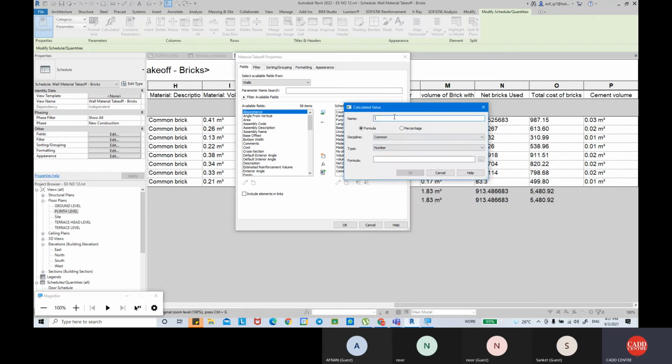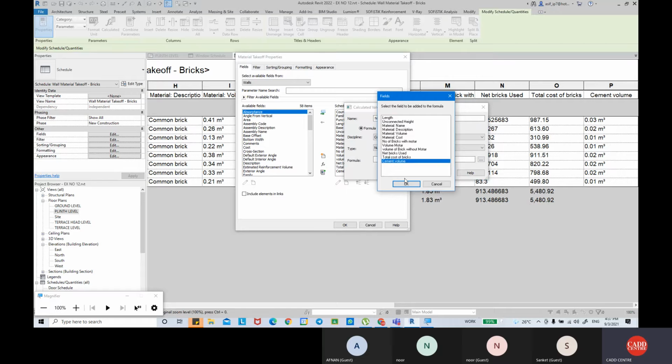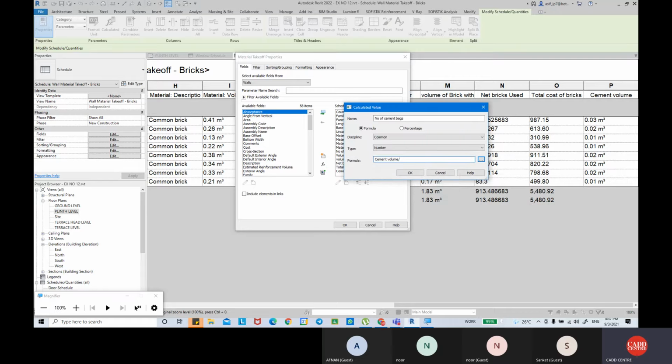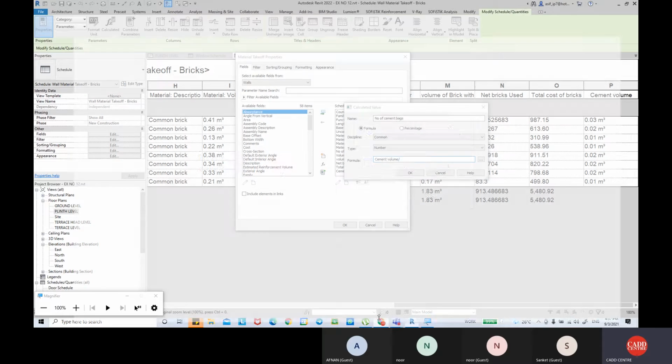So I'll take numbers. This would be the number of cement bags. The formula would be cement volume divided by the volume of 1 cement bag.